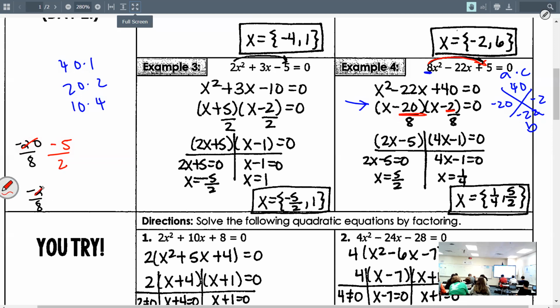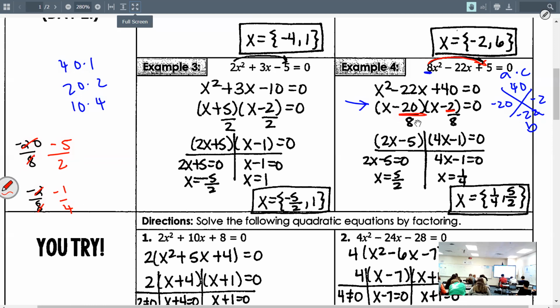What do we get from reducing that? -1/4. Now, if you skip ahead and look at your answer, and it happened over here too, when you reduce your fractions, your final answer is usually the same thing, just opposite signs. So observe that.